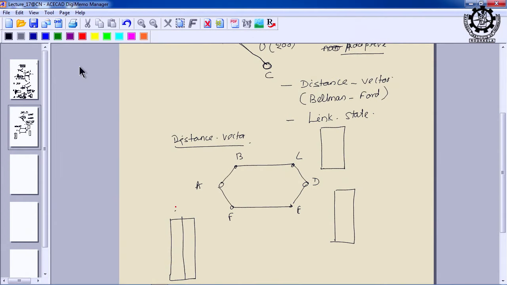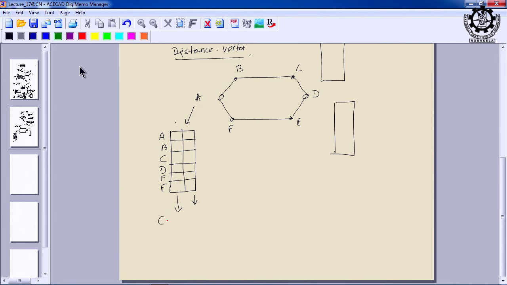So, if you have 1, 2, 3, 4, 5, 6 nodes, then it has 6 entries for A, B, C, D, E and F. So, A has an entry for all the destinations saying what is the cost to reach that destination and what is the preferred path for that. So, these two entries are, you can say, one is the cost, another is the preferred path.